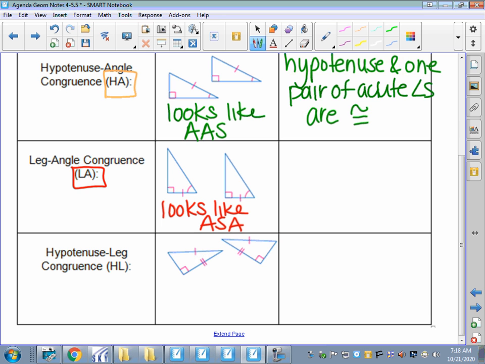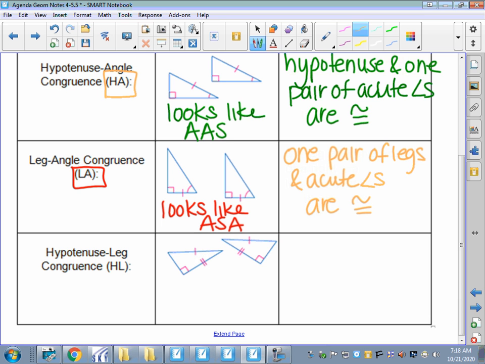However, if I want to use the shortcut for right triangles, I could say, well, as long as one pair of legs and one pair of acute angles are congruent.